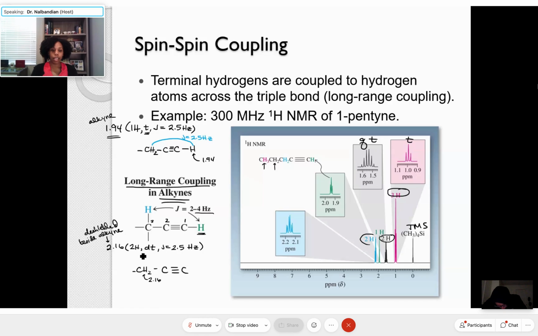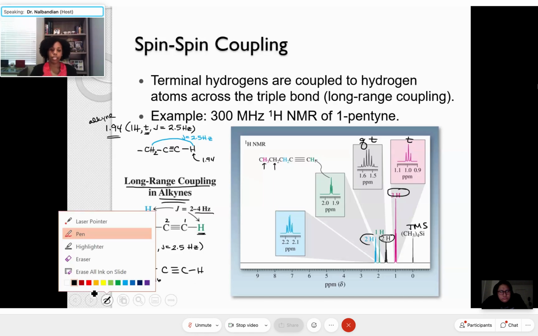Now 2.16, 2H, doublet of triplets. Well, triplet can't be over here where this carbon is a triple bond. Triplet can only be over here. So there's another CH2. And then doublet, that would be this hydrogen.